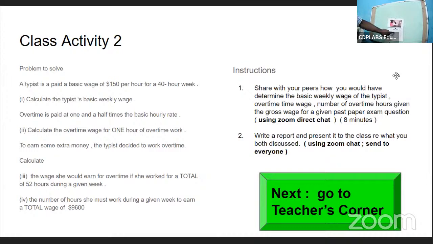If you add 8 plus 8 plus 8 plus 8 plus 8, you end up with 40 hours, a 40-hour work week. We divided that 40 hours by the number of days in the week, Monday to Friday, and got 8 hours. So she got 8 hours per day at a rate of $150.